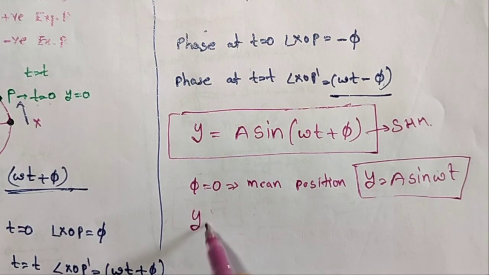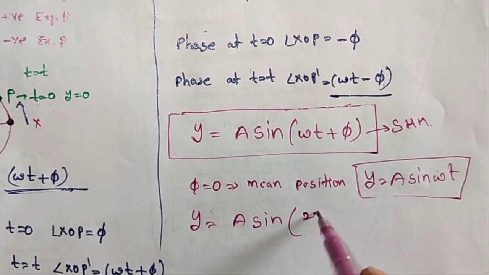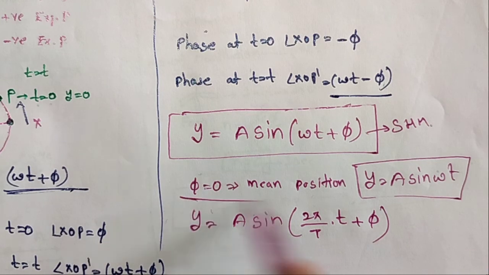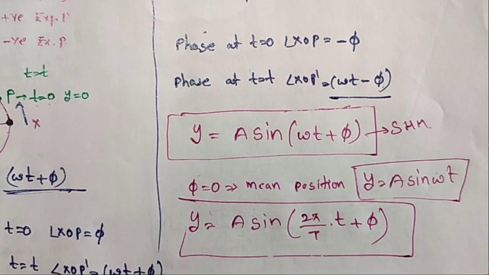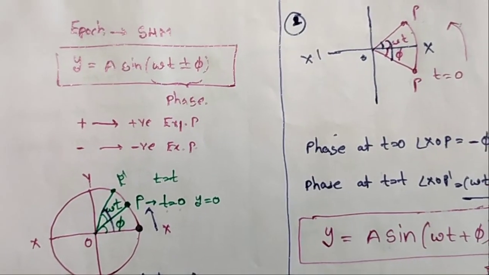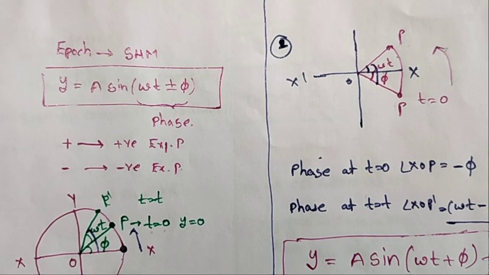Sometimes y is equal to a sine of 2 pi by capital T, small t, plus phi. So this is the complete account of the characteristics of simple harmonic motion.